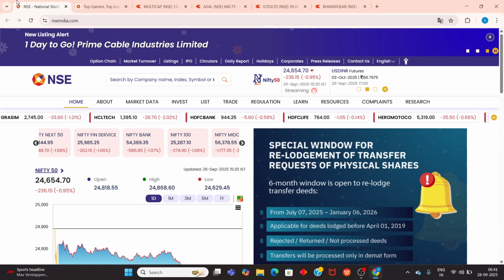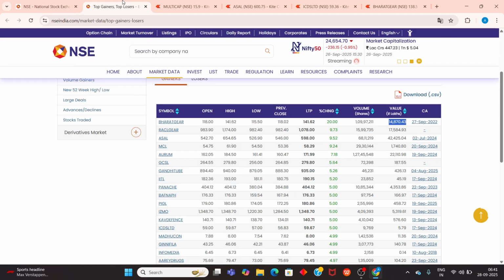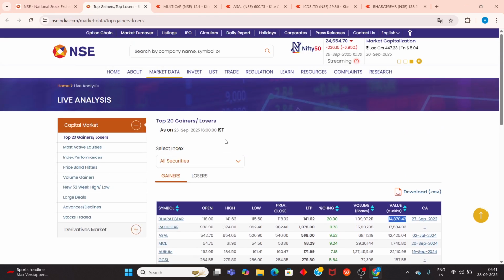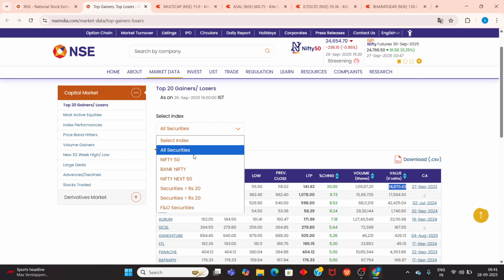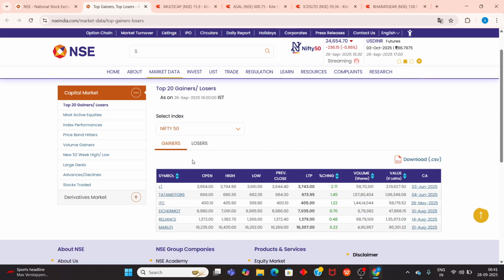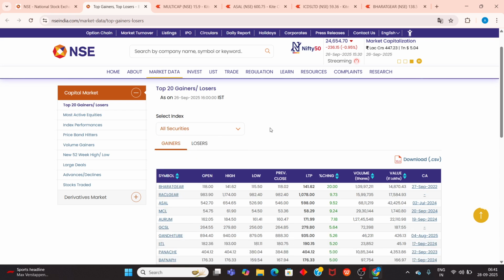If you search Google for top gainers NSE, you'll find the list. You can select the index too: only Nifty 50, or all securities to cover all the stocks.